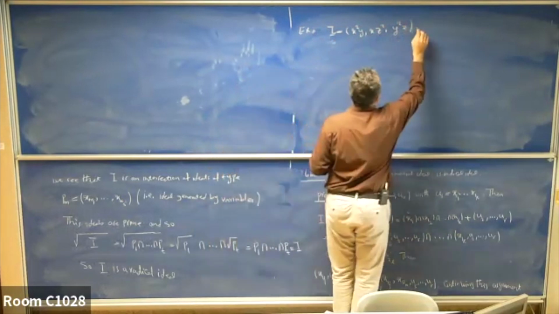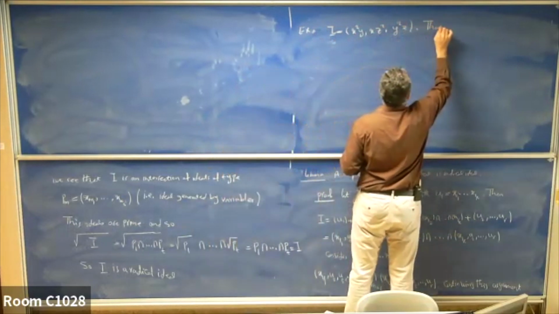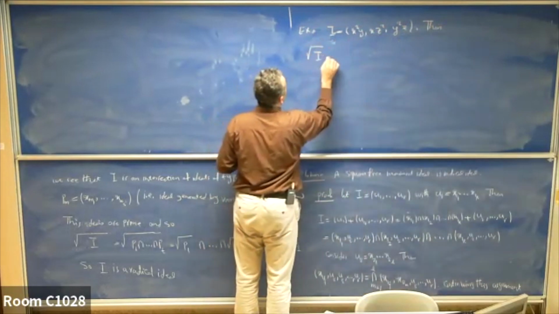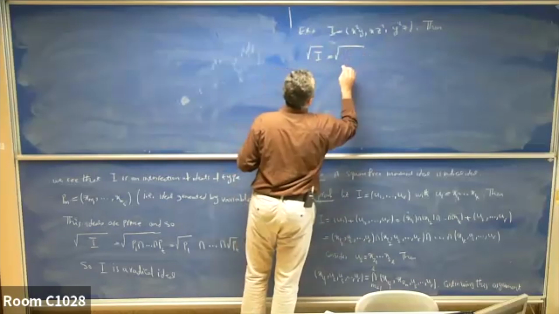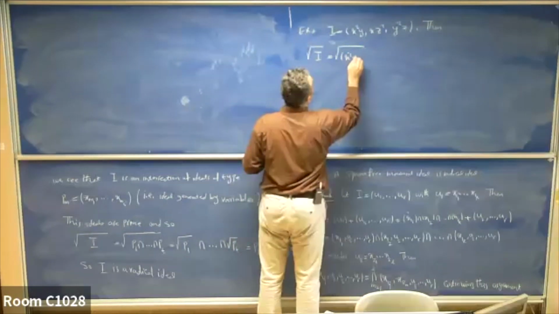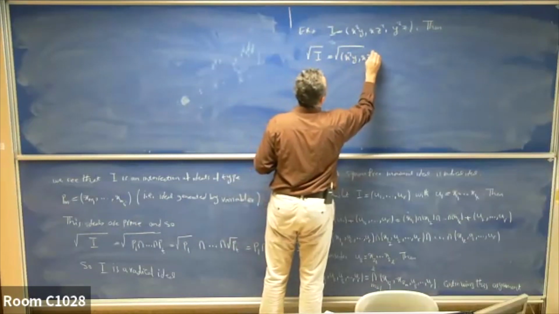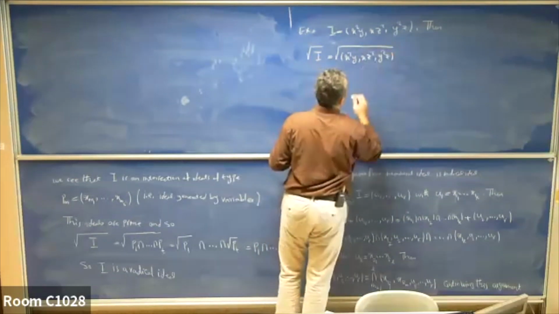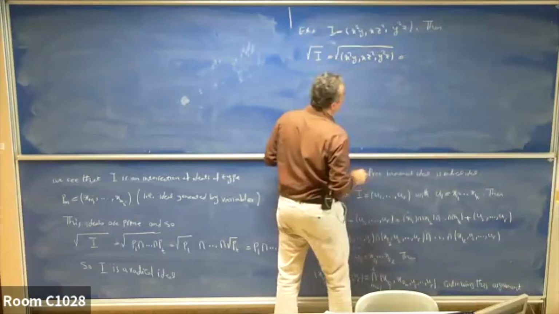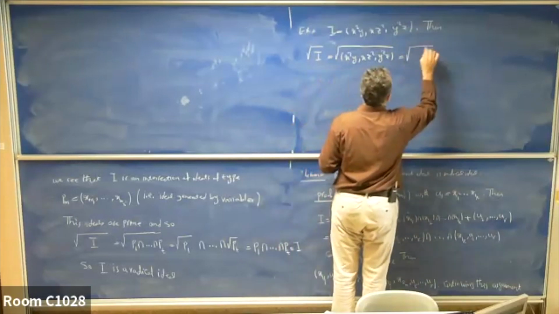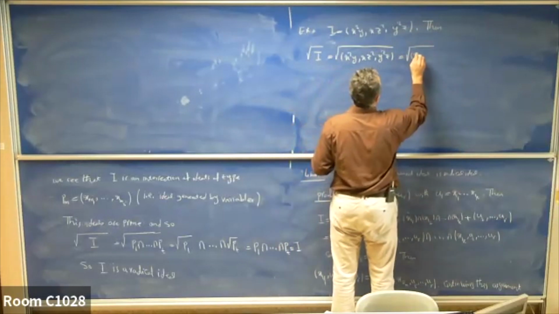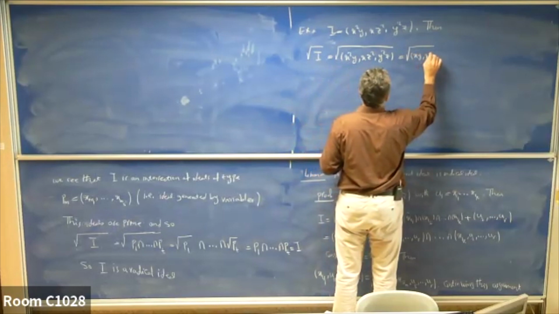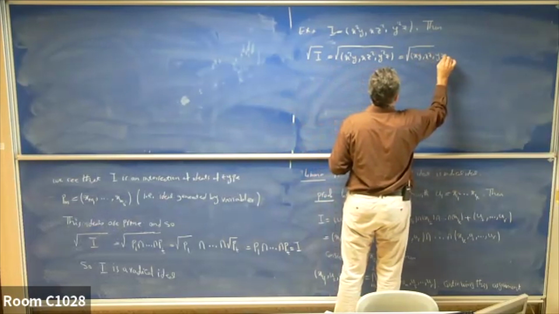And so then the radical ideal, by definition, is equal to (xy, xz, yz).